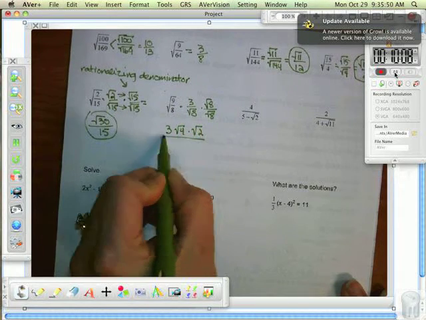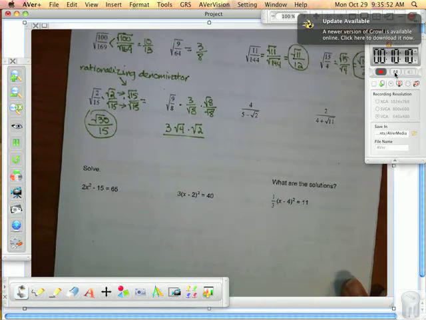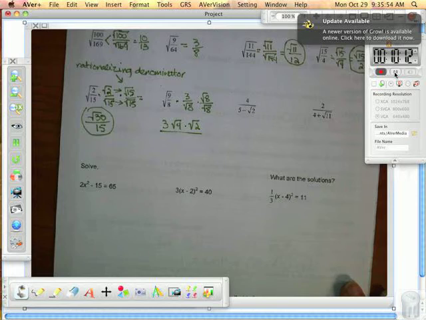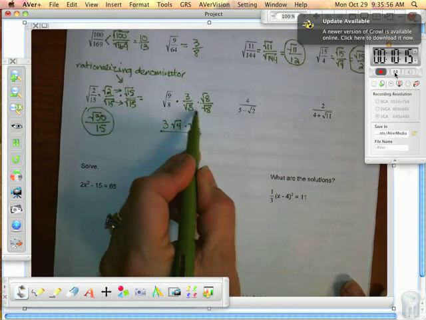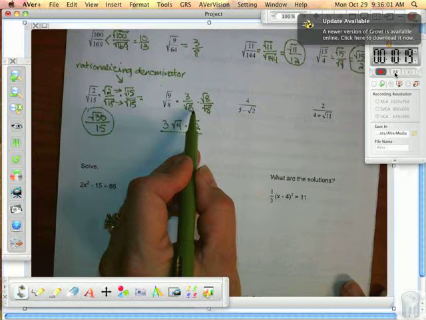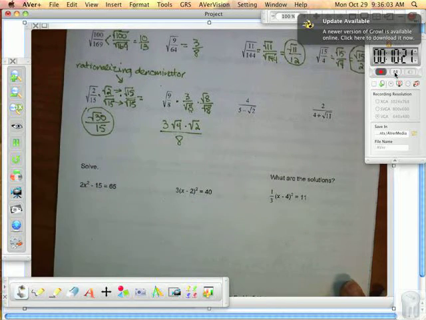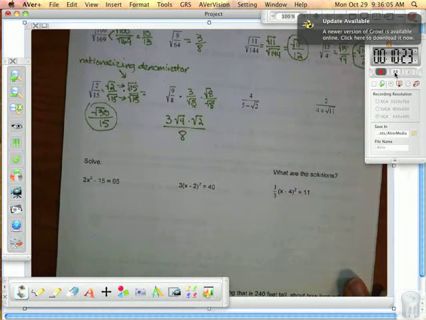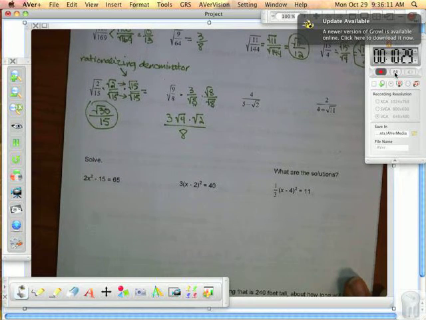And then what would my denominator be? What's the square root of 8 times the square root of 8? 8. So I'm not done yet. What can I do? Yeah, I can take the square root of 4.